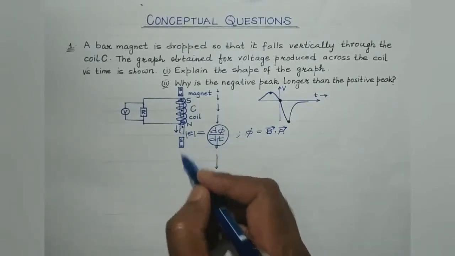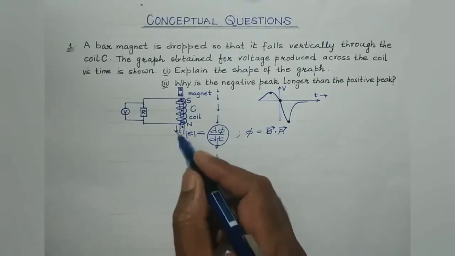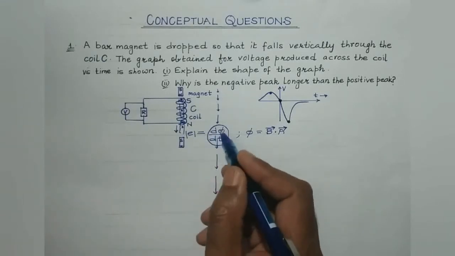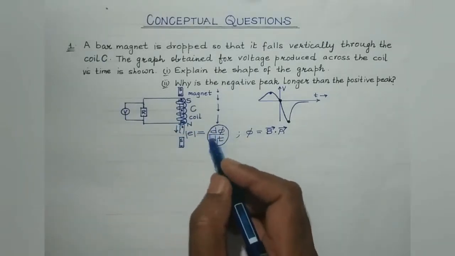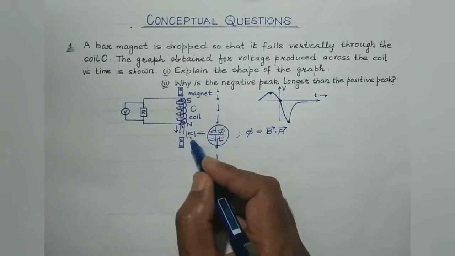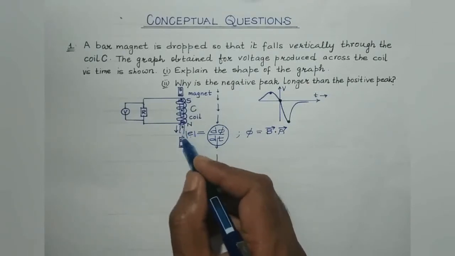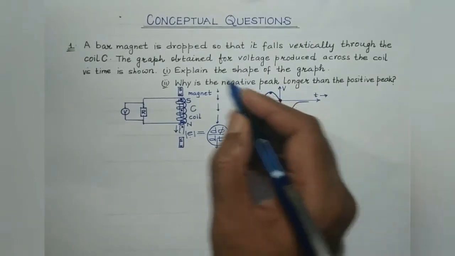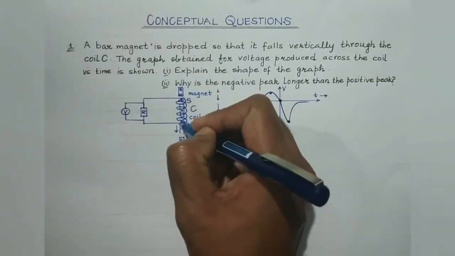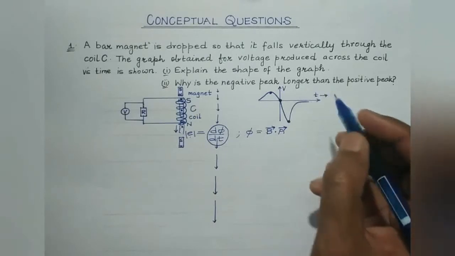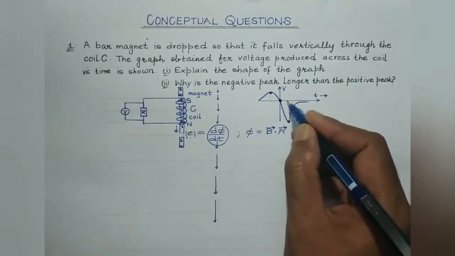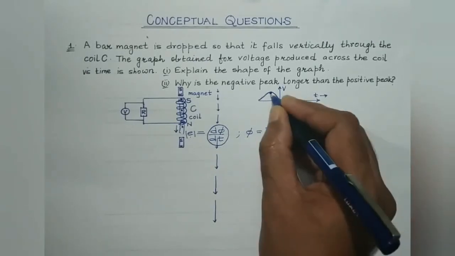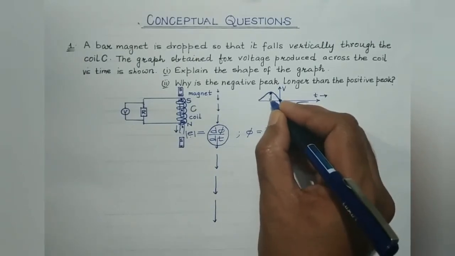So as the relative motion when the magnet withdraws from the coil is faster, the rate of change of magnetic flux linked with the coil is more, and accordingly the EMF induced when the magnet withdraws from the coil is much more as compared to when the magnet falls towards the coil. So that explains why the negative peak is longer. This is the negative peak. It is longer than this positive peak, right?